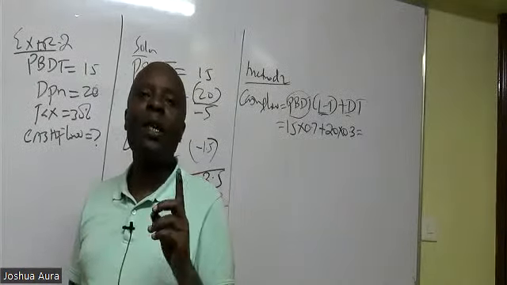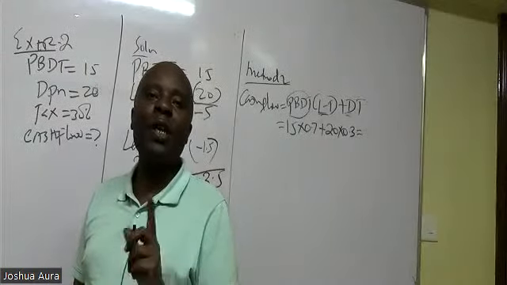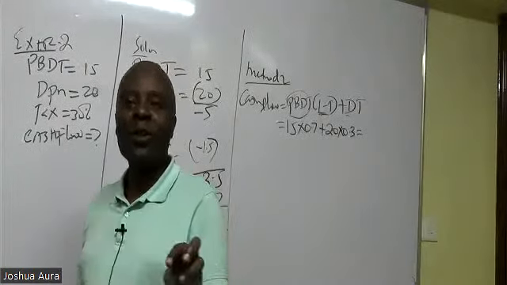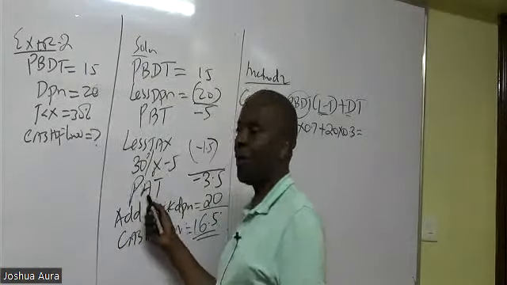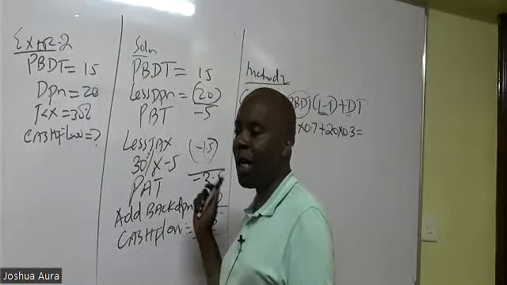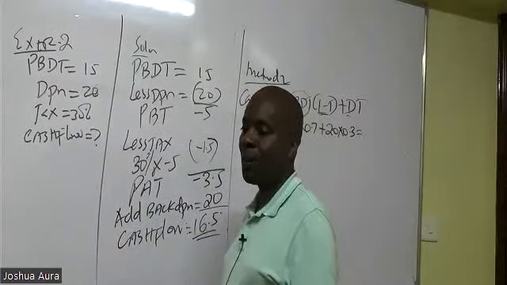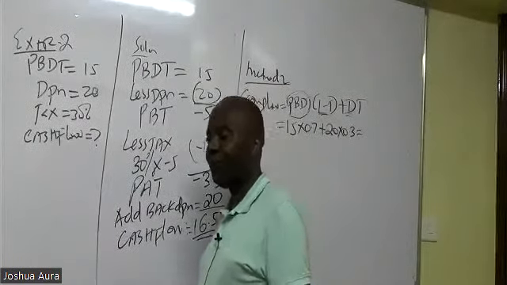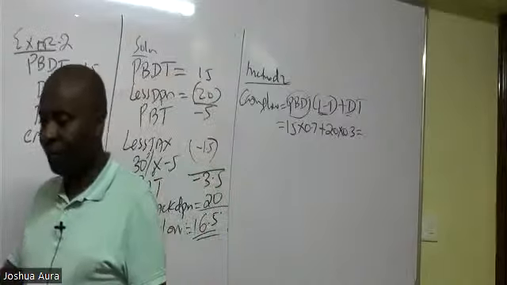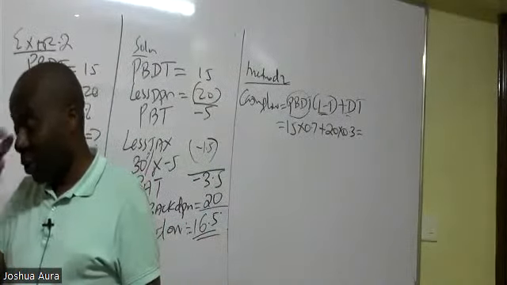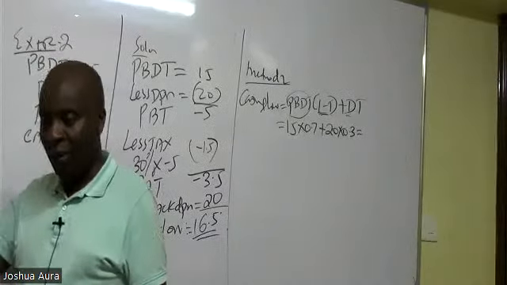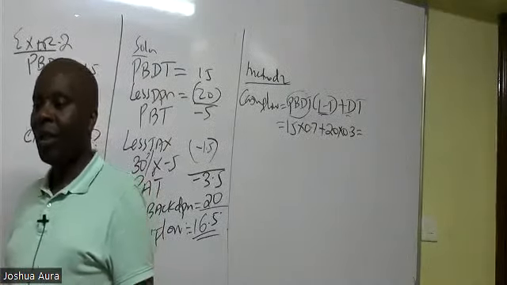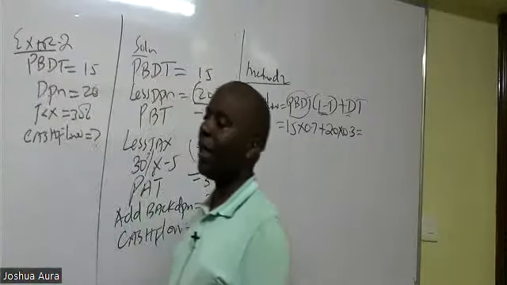But when you say Kenya Airways made a profit of negative, when you're using the language of profit, the negative comes in. So even if it's a negative, you must be consistent and still make use of profit after tax. You don't change because the sign is negative. You still call it profit after tax.